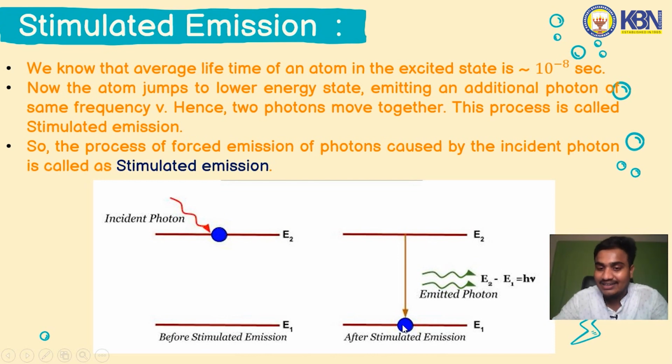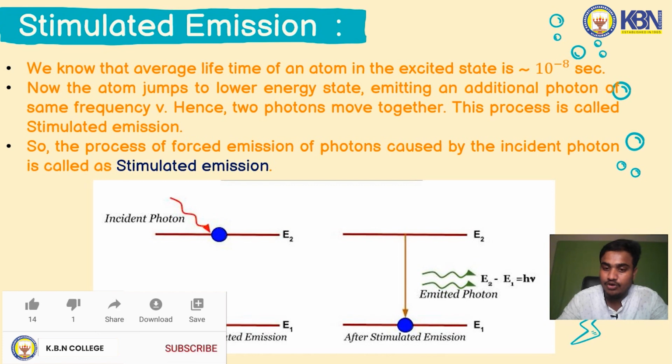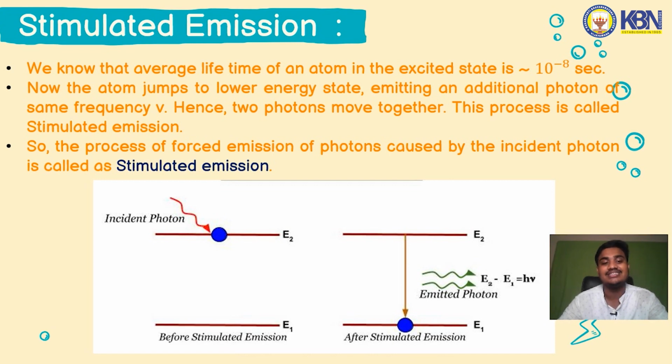While coming to the ground state, it will emit another, additional photon which will have the same frequency. This process of forced emission caused by the incident photon is called stimulated emission.